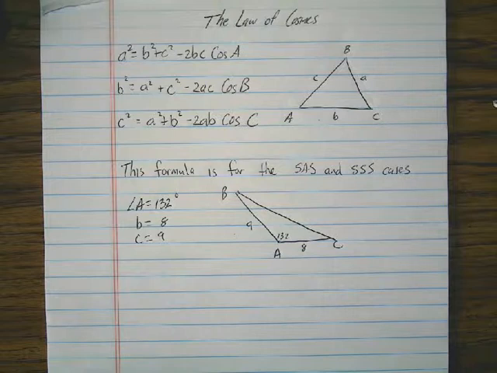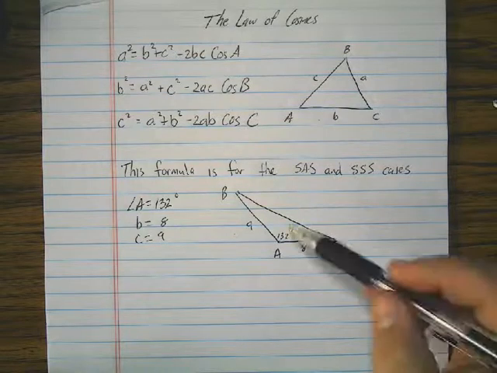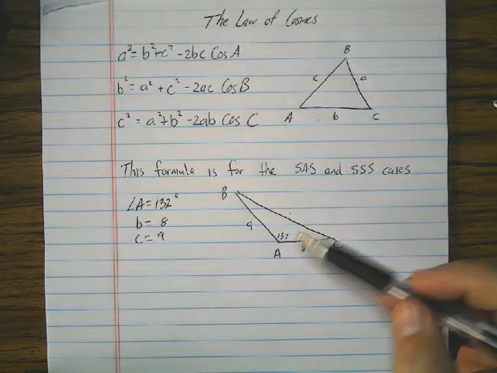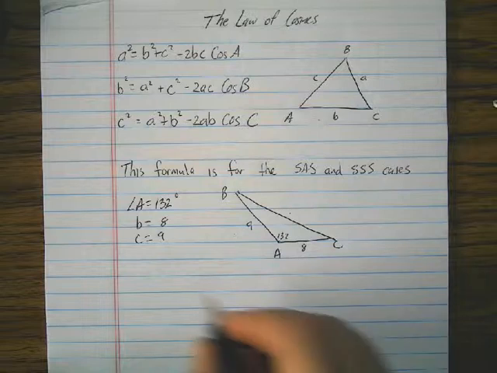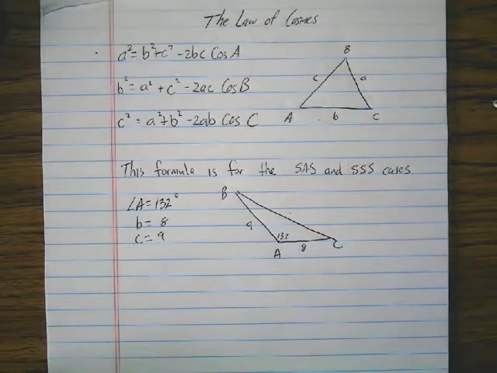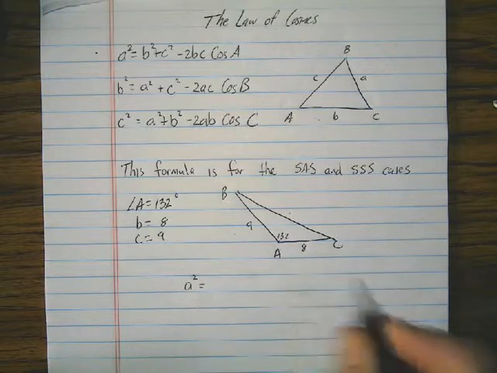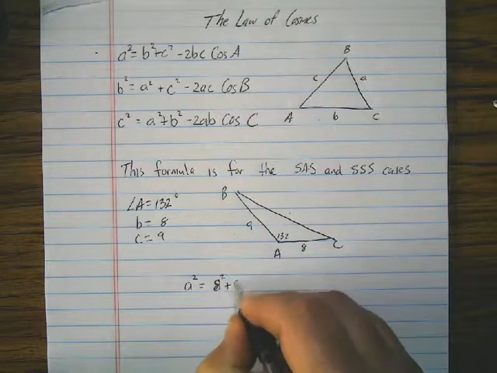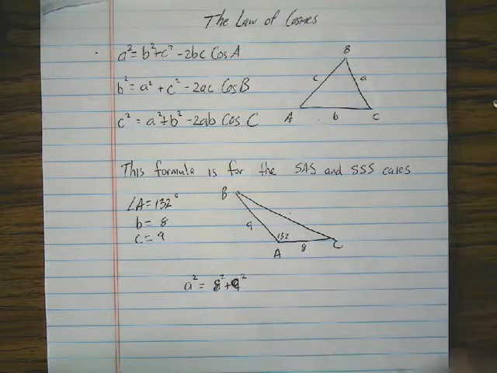That's what we're going to try and find, because that's what's opposite this angle, and that was the angle that was given. So we would set up using this right here. We would set up a squared, small a, because that's the side, equals b squared, sorry about that, c, which is 9, so 8 squared plus 9 squared, minus 2 times 8 times 9 times cosine of 132 degrees.